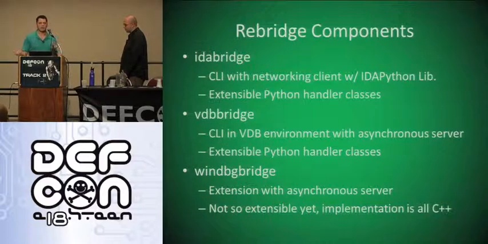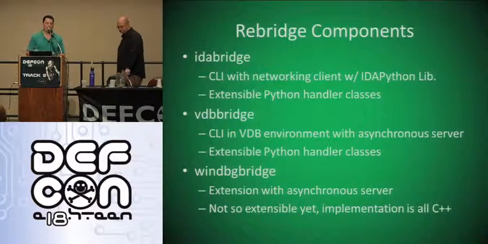And then we modified the IDAPython lib so that we don't have to rewrite everything in C or C++ to do the actual interfacing with IDA Pro. We can just rely completely on Python. That also gave us another win, because we can extend our handler classes using Python. So if we want to add a new command, we just write a new Python class with the defined command elements, and then we just roll from there.